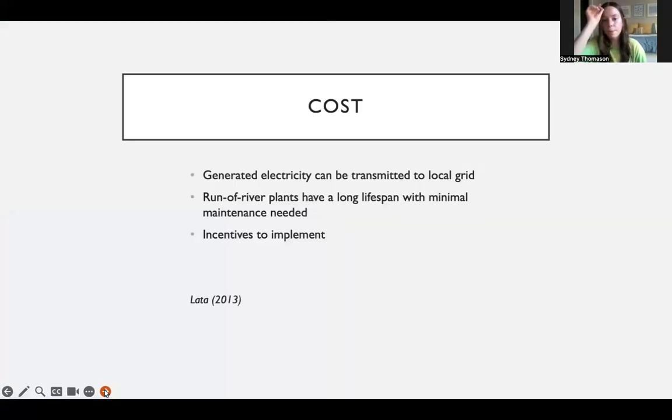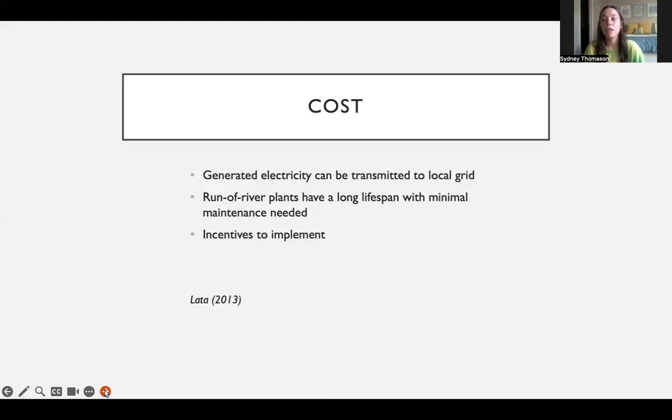So the cost, already mentioned a few times, they are low cost. They have a long lifespan, so there's not really new costs associated with it unless it were to get damaged and needs repairs. The transmission lines of run-of-river plants can be connected to the local energy grid of an area, which leads to minimal energy loss because there's not as much transportation happening.